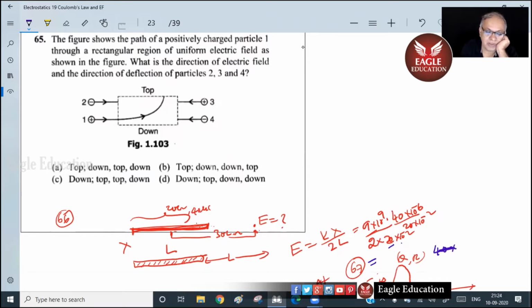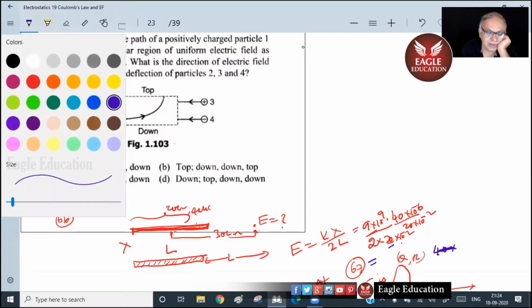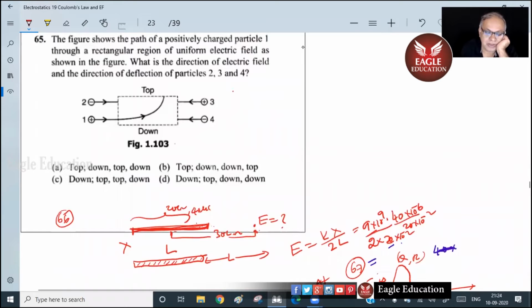Read the question. The figure shows the path of a positively charged particle 1 through a rectangular region of uniform electric field as shown. The positive charge went like this, which means the field direction should have been like this.